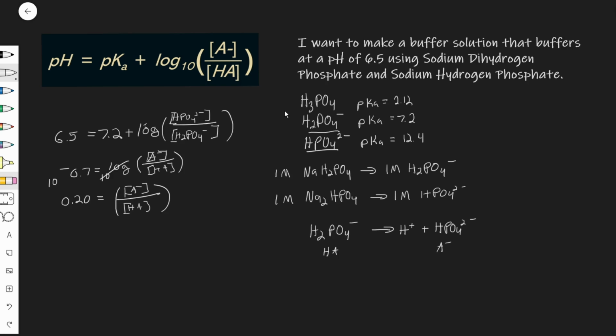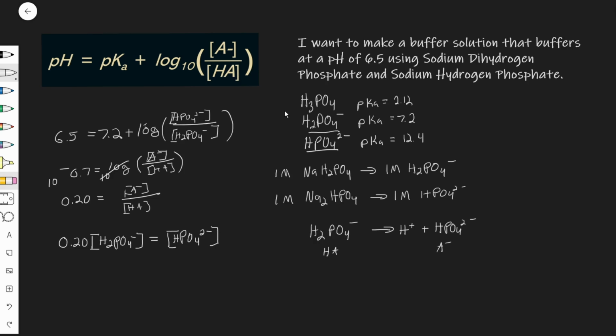And if we want to, we can actually solve this on out and say that 0.20 times the concentration of my acid, which was H2PO4 minus, equals the concentration of my acid salt, which was HPO4 2 minus.